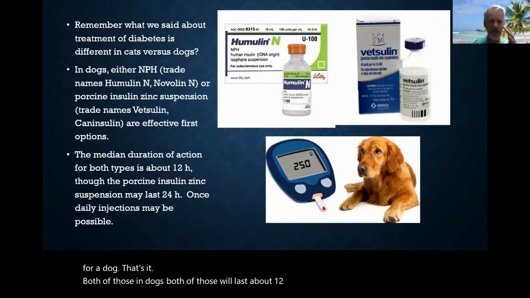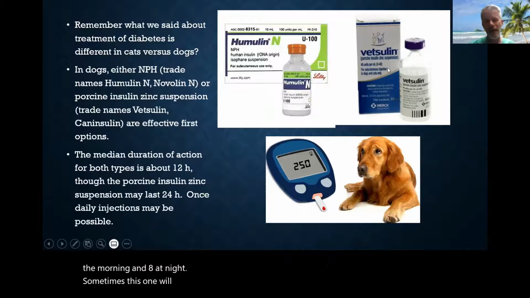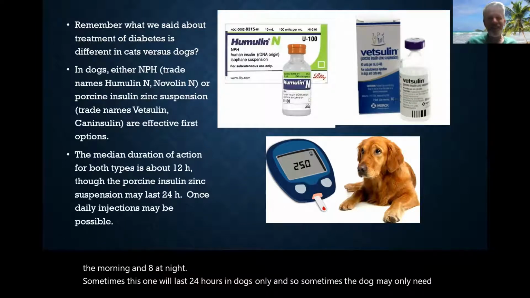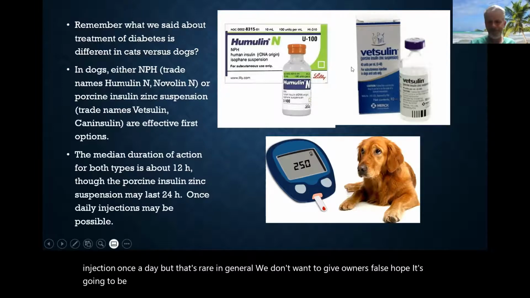So the owner could give it at 8 in the morning, 8 at night. Sometimes this one will last 24 hours in dogs only. And so sometimes the dog may only need the injection once a day, but that's rare. In general, we don't want to give owners false hope. It's usually going to be every 12 hours.